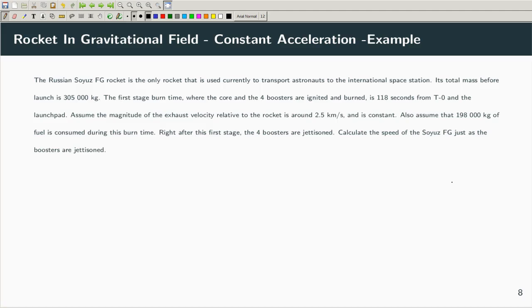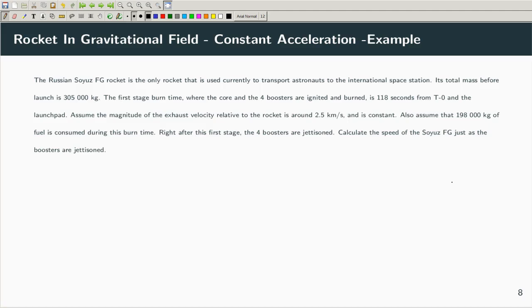Assume the magnitude of the exhaust velocity relative to the rocket is 2.5 kilometers per second and is constant. Also assume that 198,000 kilograms of the fuel is consumed during the burn time. Right after this first stage, the 4 boosters are jettisoned. Calculate the speed of the Soyuz FG just as the boosters are jettisoned.